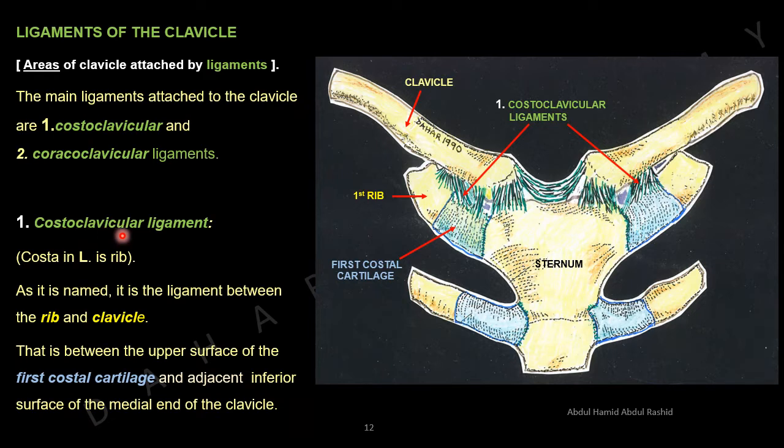That means it lies between the costal cartilage of the first rib and the medial part of the clavicle. So that ligament is between the upper surface of the first costal cartilage and the adjacent inferior surface of the medial end of the clavicle. That is the costoclavicular ligament.